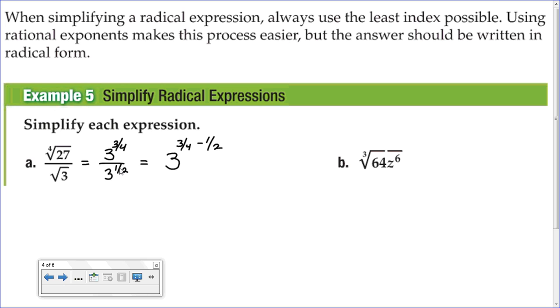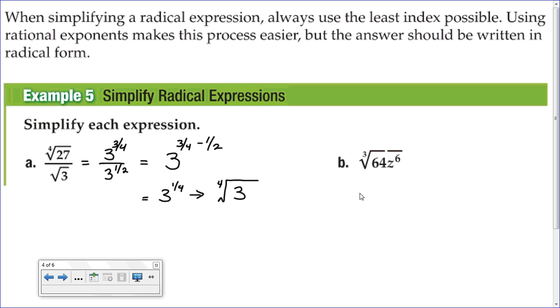Okay, when you're dividing and the bases are the same, subtract the exponents. So what I have here, this is 3/4. This could be considered 2/4. So this is going to be 3/4 minus 2/4 is 1/4. That's 3 to the 1/4 power. Now translate that back into a radical form. So this is going to be the 4th root of 3.